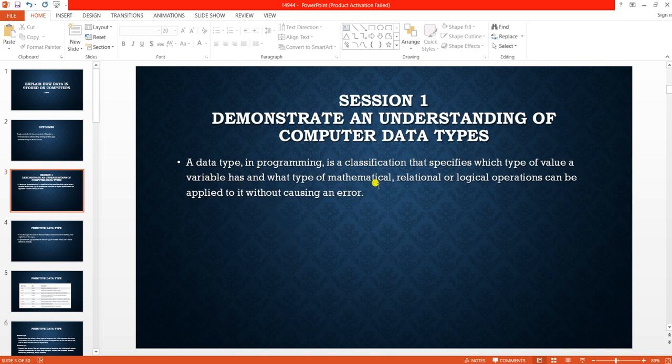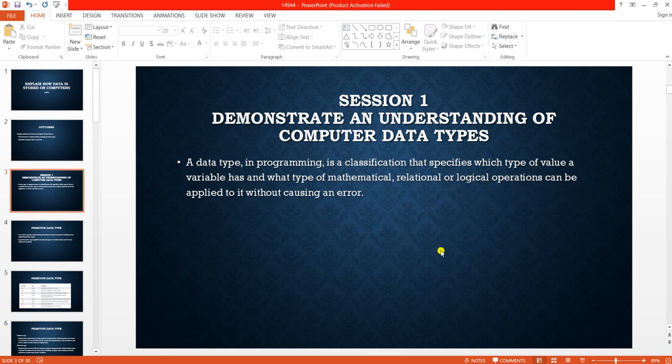So this is a classification which specifies these types, a value and a variable, and the type of mathematical operation that it uses, whether you want to increment a certain value within a set of sequential or an array, depending on a database or a structure that you are using, or whether it is logic.